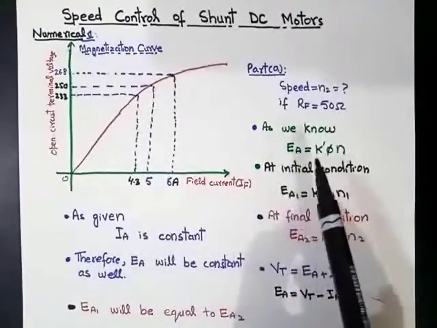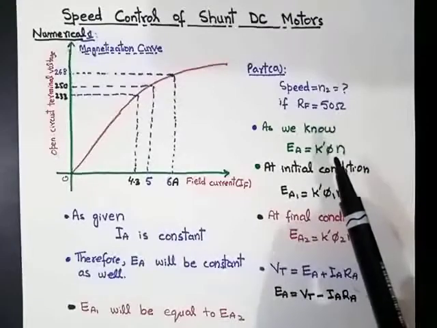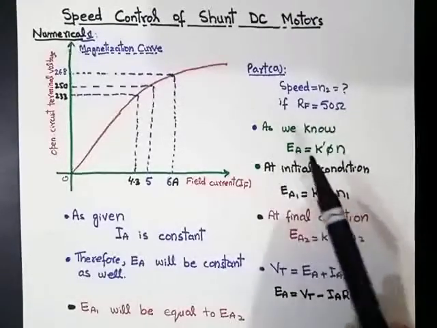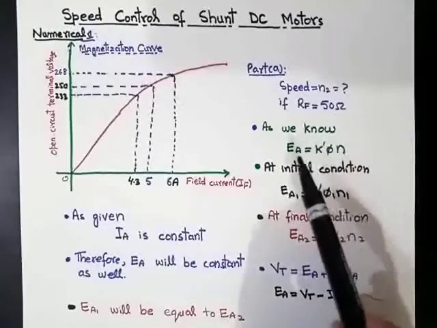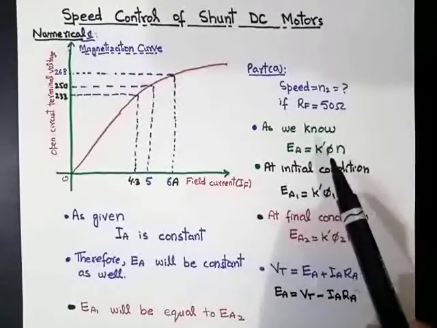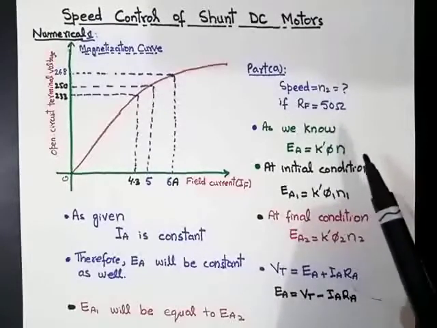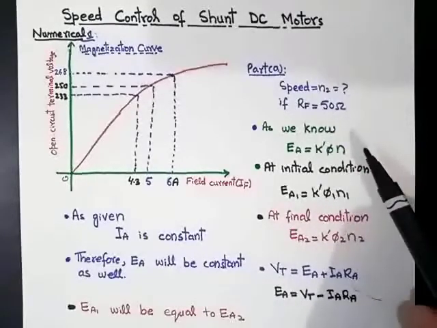Now we will discuss the solution of this problem. As we know, the internal generated voltage is equal to K dash phi into N, where N means speed in revolutions per minute.